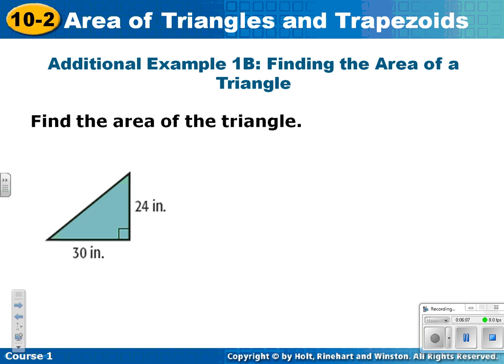Now, find the area of the triangle. This thing doesn't have a fancy little line going up there saying how high it is. But this one, I can tell how high it is. How?